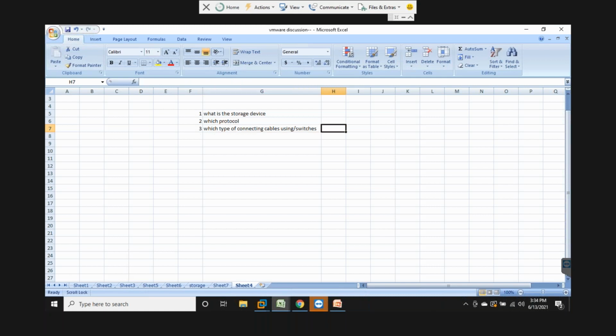So one example is fiber channel, another is iSCSI, and there are certain other examples like FCoE, fiber channel over Ethernet. You are transferring your storage data over the Ethernet cable, LAN cable you can say. So those are different types of devices, cables, and switches which you use to connect your storage to the VMware infra. One by one we'll discuss.